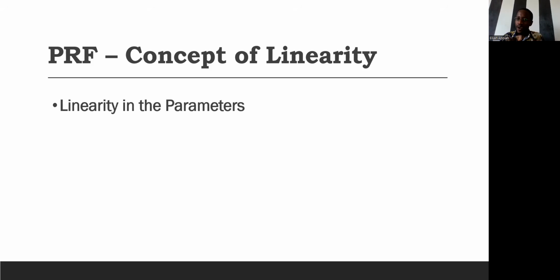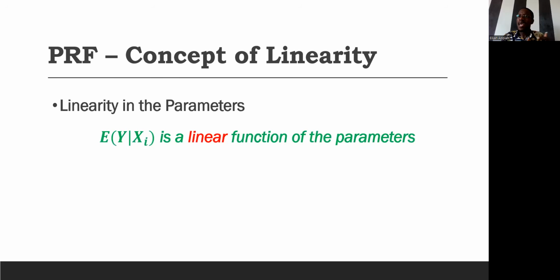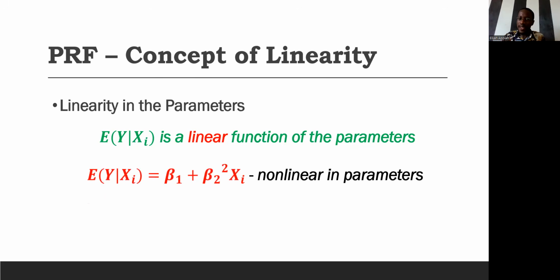Then we also have another concept that we refer to as linearity in the parameters. We are just trying to say that the expected value of y given the values of x is a linear function of the parameters. Where are the parameters coming from? The intercept and the slope coefficient. Those are what we are talking about. So at the end of the day, if you look at this econometric model, you can see that the power of the x variable would be 1. But in mathematics and statistics, we don't usually write that one. So it is linear in the variable there.